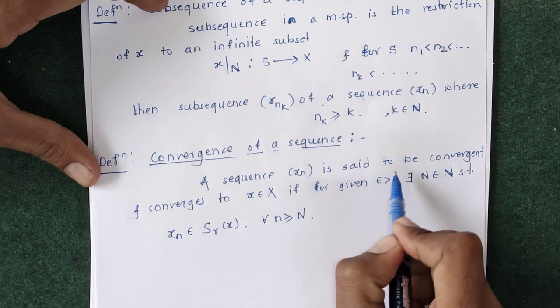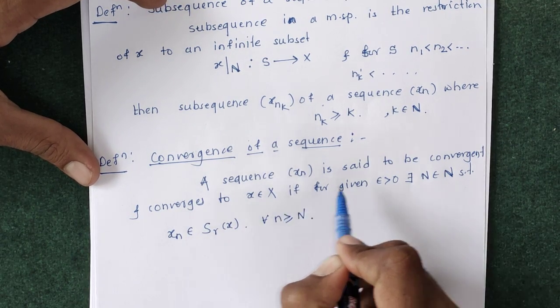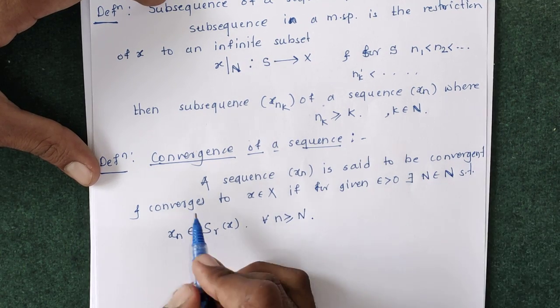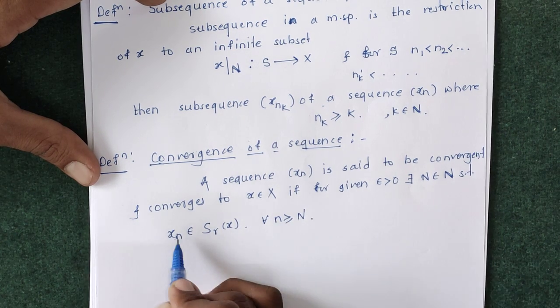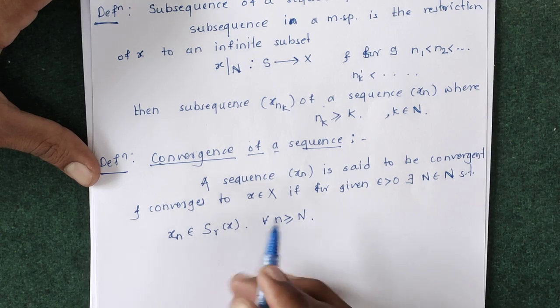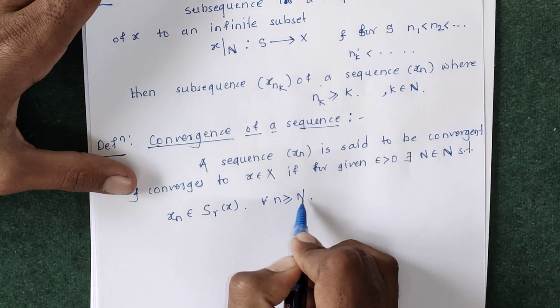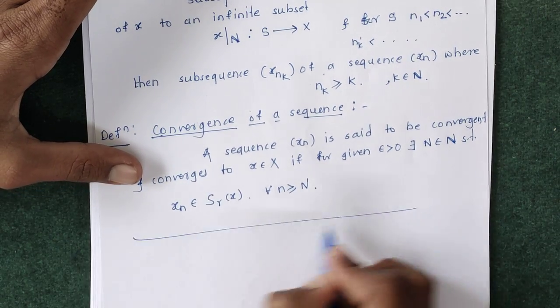A sequence xn is said to be convergent and converges to some limit x in metric space X if for every epsilon positive there exists some natural number N such that the elements of the sequence xn, for all n greater than or equal to N, belong to the open sphere SR of x. This means, I will just do some rough work here.